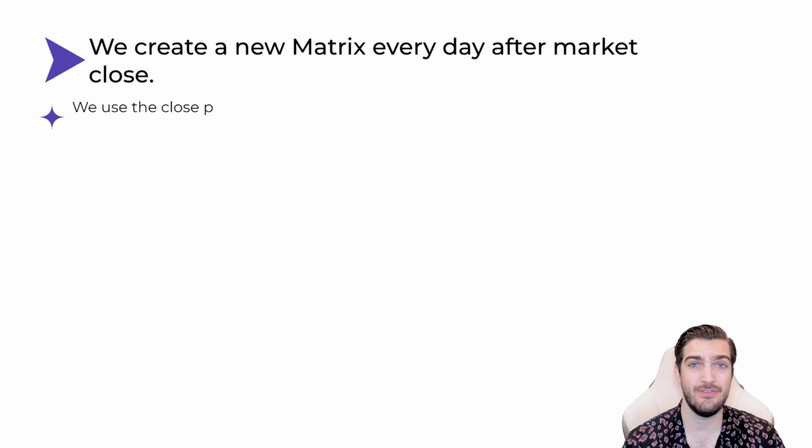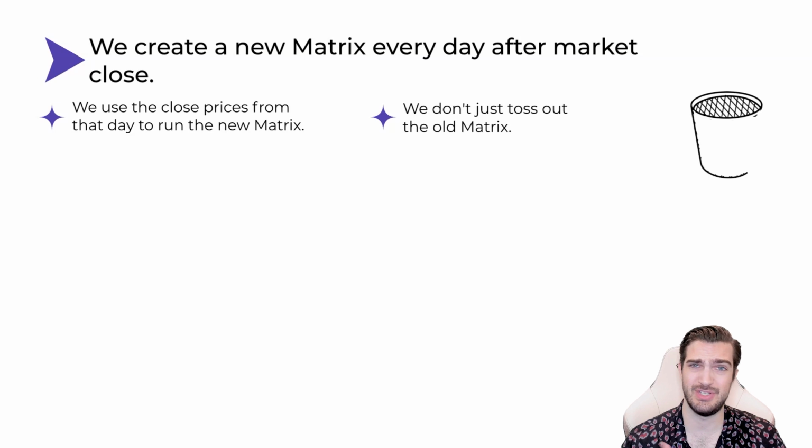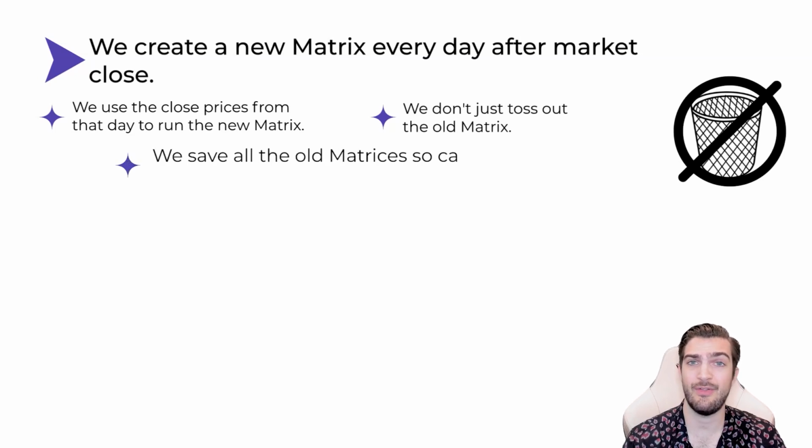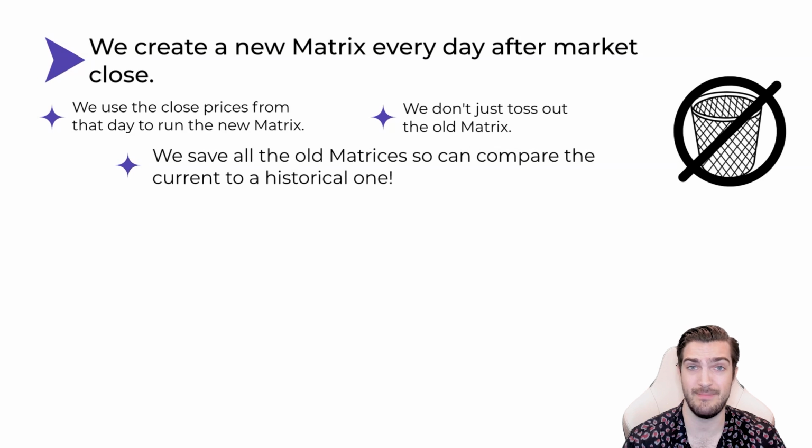The market closes, we run all the charts, and then we post what the new matrix looks like for that day. But we don't just take the old matrix and throw it away. Instead, we save it so that we can compare the current matrix against past matrices to see how their relative strength has changed over time.